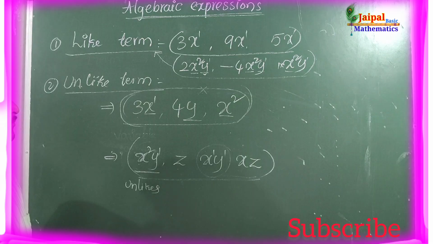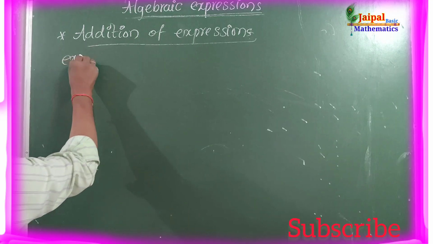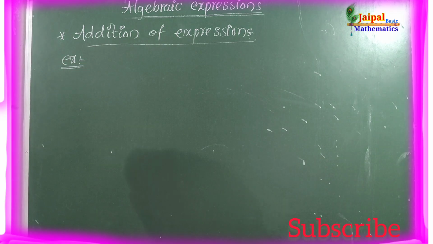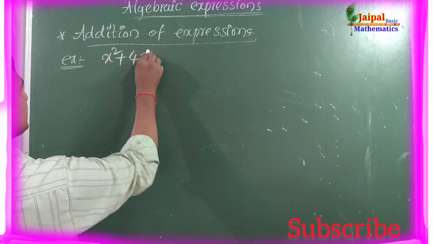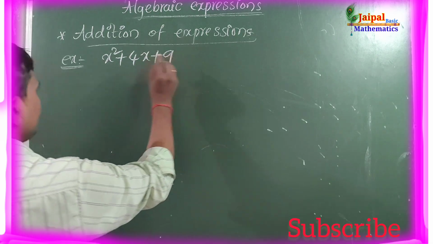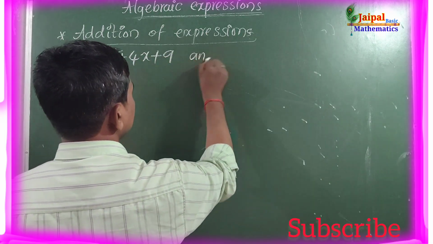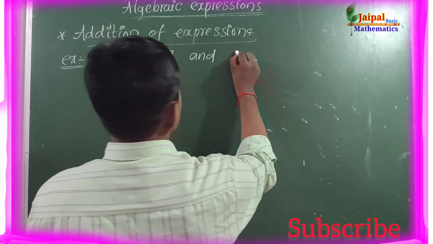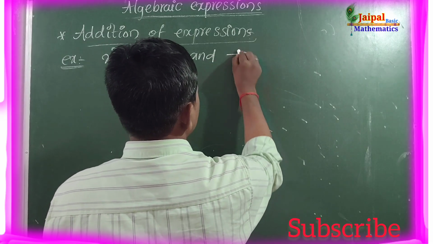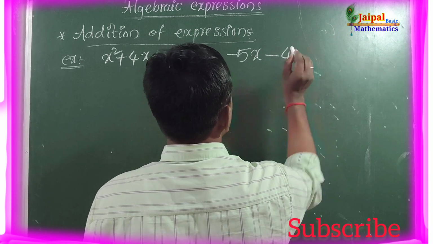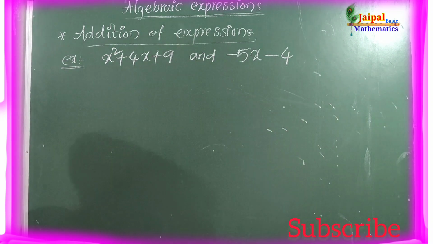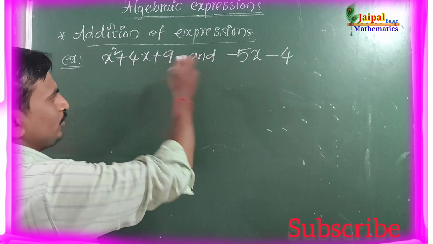Okay, now let's go to additions of expressions. Let's take one example, you will understand well. For example, I am taking one expression: x square plus 4x plus 9, and minus 5x minus 4. So these two expressions are given, and we need to add these two expressions.